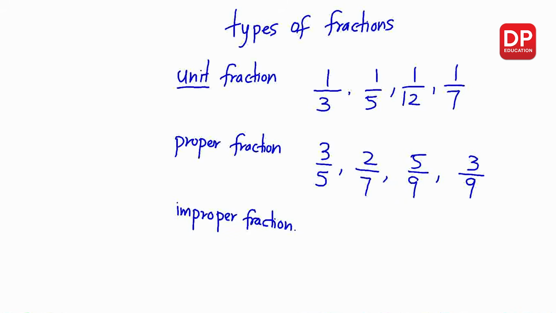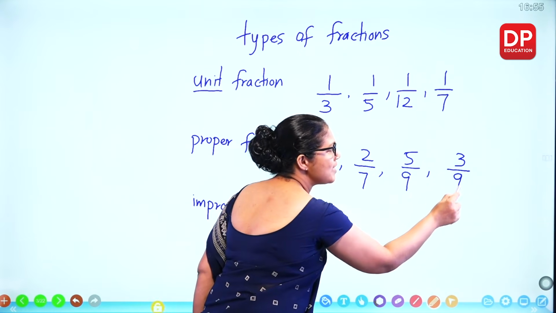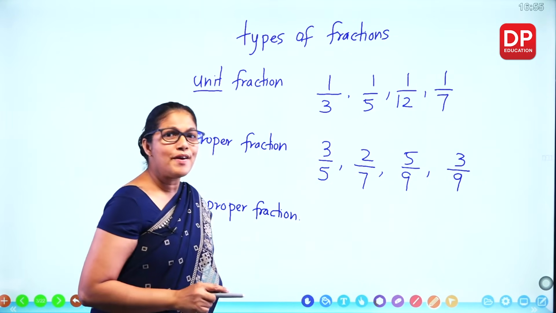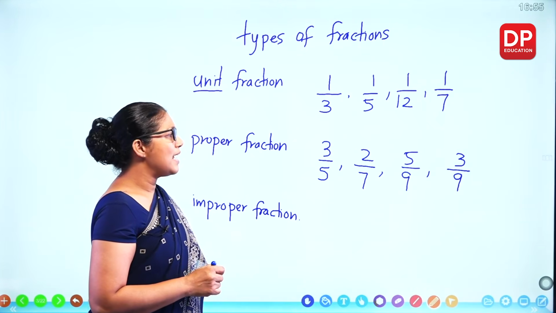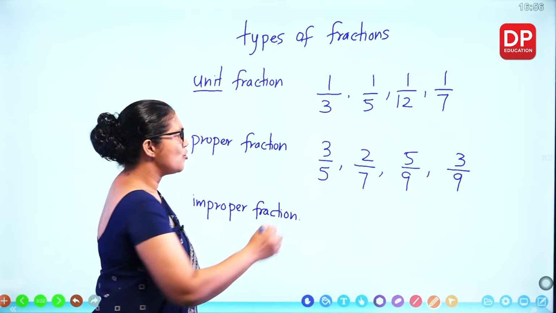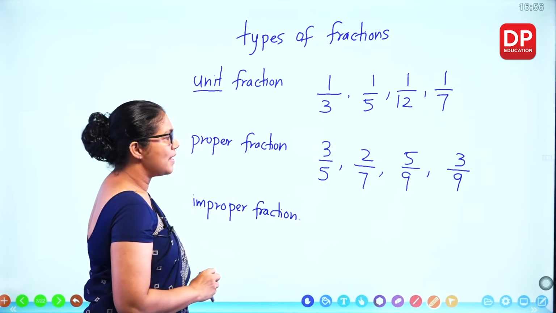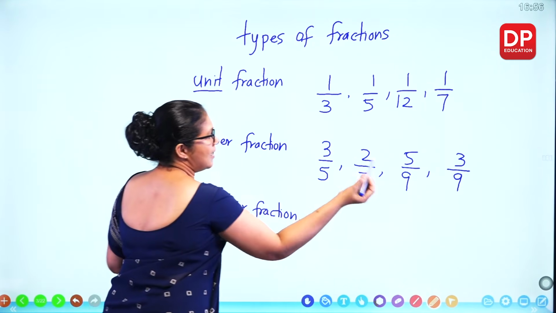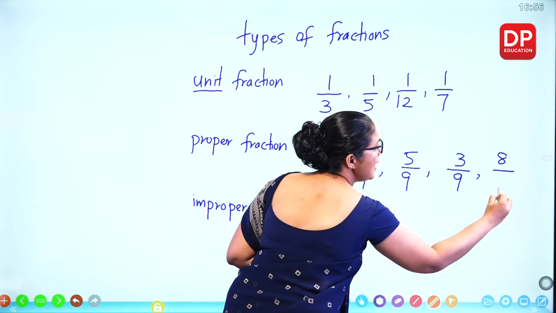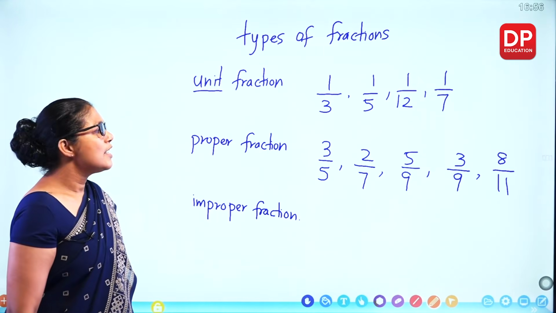So here the numerator is always less than the denominator. What about this one? 3 is smaller. When the numerator is smaller than the denominator, we say these are proper fractions. You can get any number, but compare the numerator and the denominator. Another example, 8 over 11. The denominator is always larger than the numerator.